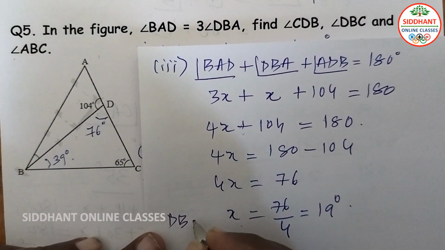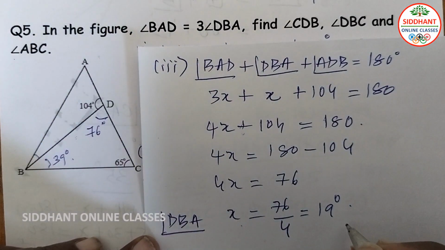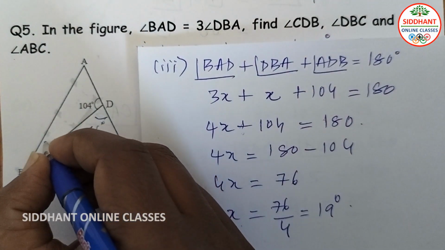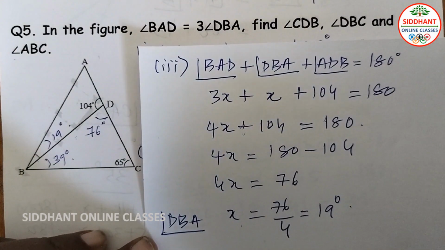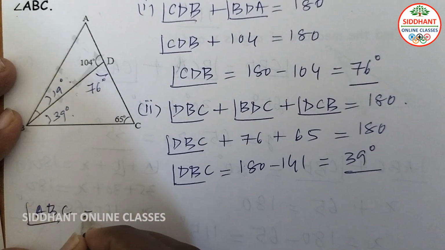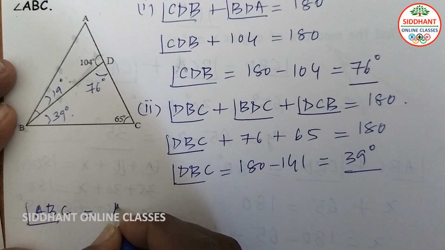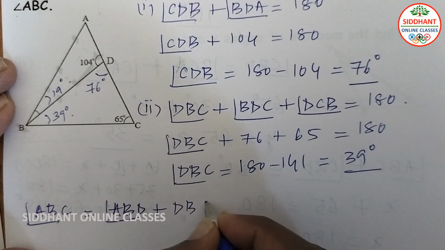So x means what here? Angle DBA is 19 degrees. Now finding angle ABC, that will be equal to ABD plus DBC.